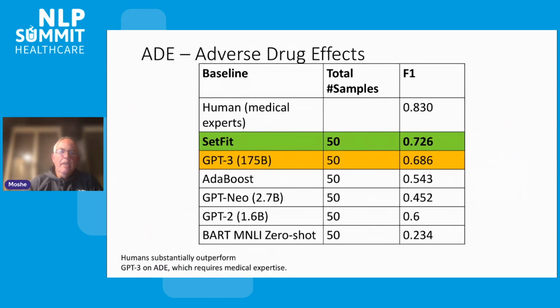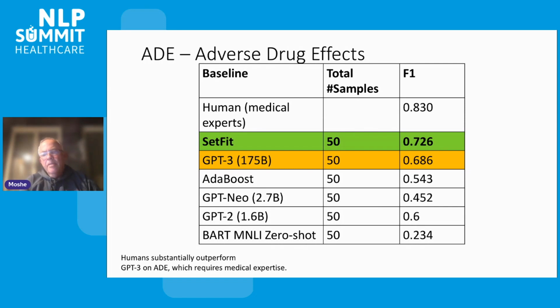And regarding the ADE dataset example, label a doc as positive if it includes an adverse drug effect. Here are the results of SetFit and GPT-3 versus other popular models like AdaBoost, GPT-2, and BART in zero-shot mode. This is what we see here in the table. The training only allows 50 labeled samples in total.